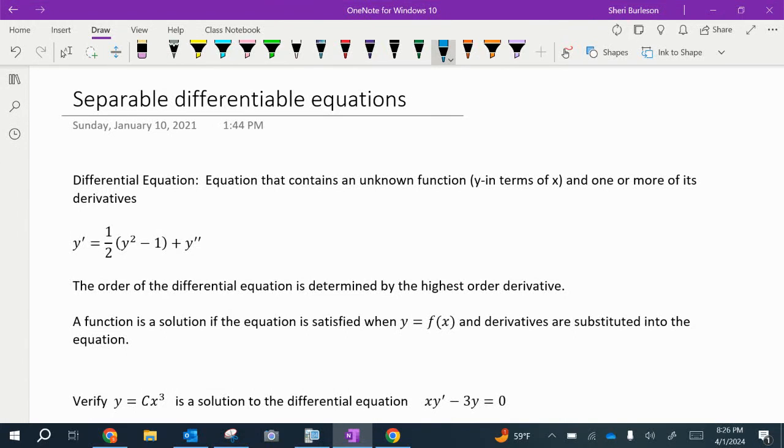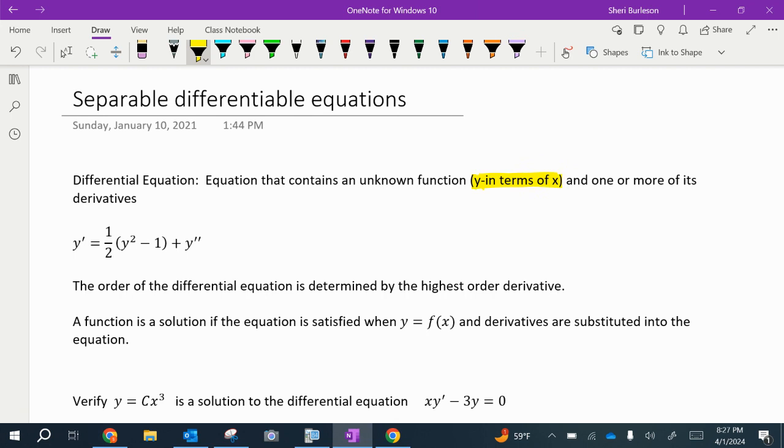All right, so separable differential equations. A differential equation, we talked about this a little bit in the warm-up for slope fields, is an equation that contains some unknown function, y in terms of x.